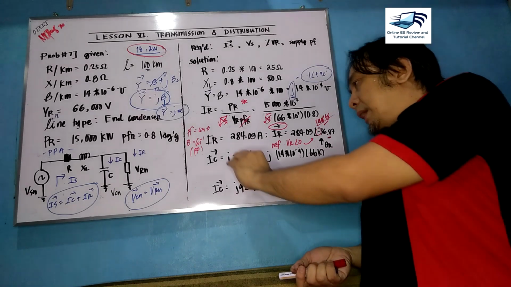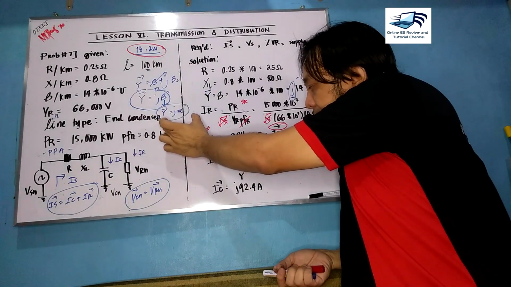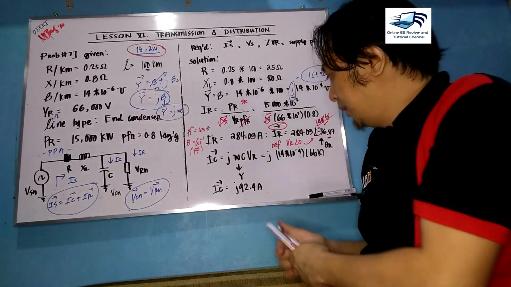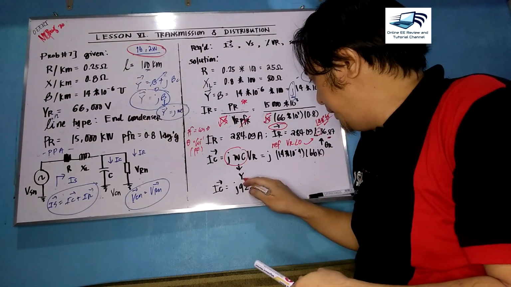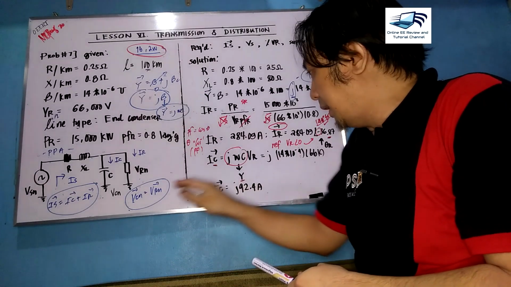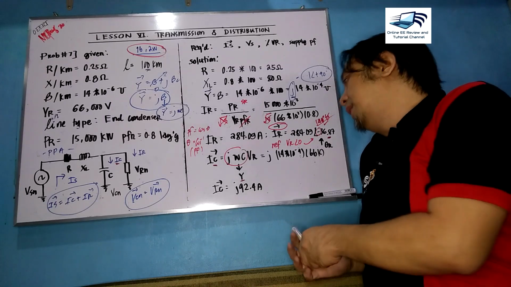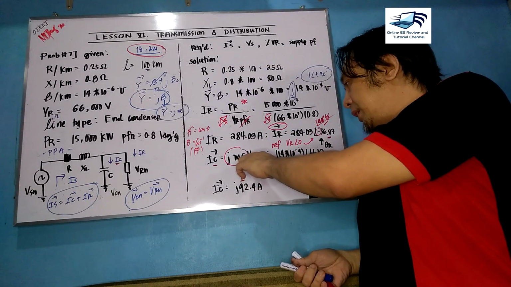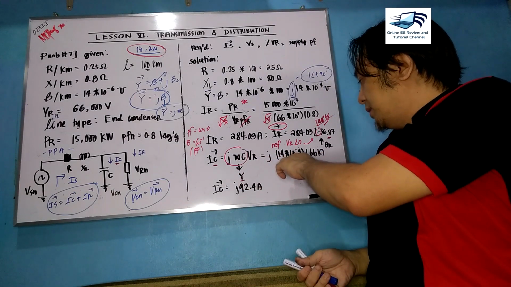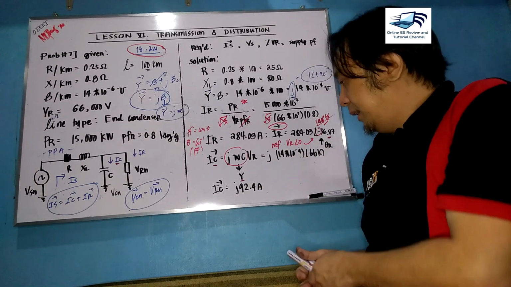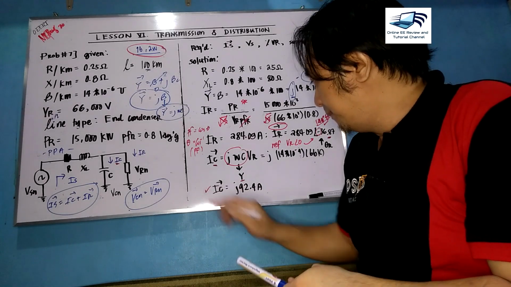So that's why we can still use the CIS table, wherein the I is in lagging condition, negative 36.87. As we have discussed here, we can now get your Y, that is J omega C. So this is your Y to get the charging current IC. We already described this on the basic fundamentals, and you have here your Y as 14 times 10 to the negative 4, then your VR 66K times J. And hence you have your IC here.